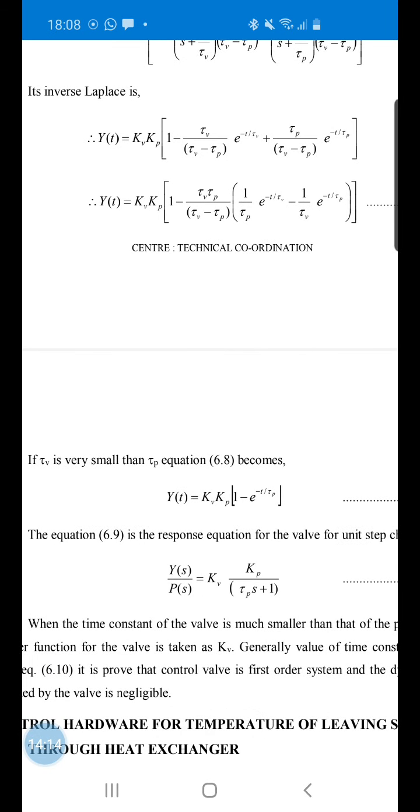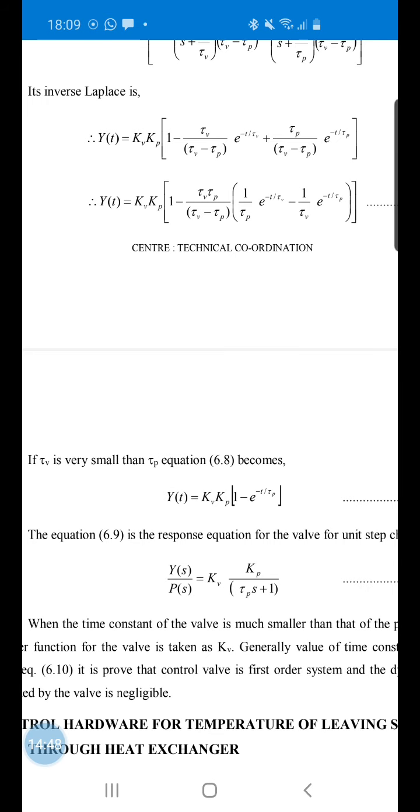Now if we put the condition that tau v, the time constant of the valve, is very small compared to tau p, then the above equation becomes y of t equal to kv kp as it is, and you see the second term, 1 by tau v e raised to minus t by tau p, this term remains. And the term 1 by tau p into e raised to minus t by tau v vanishes because tau p is very large and tau v is very small.